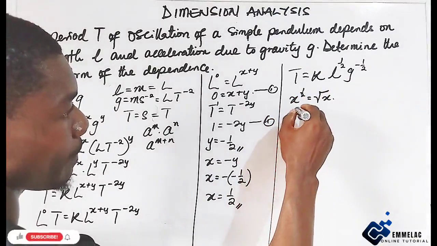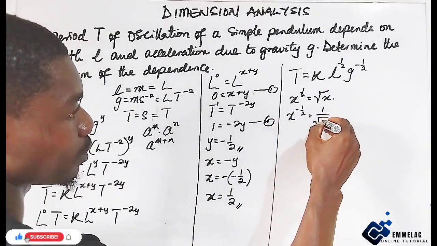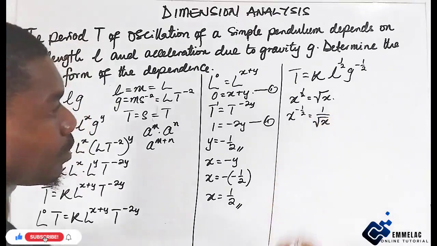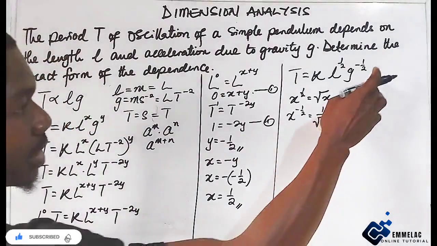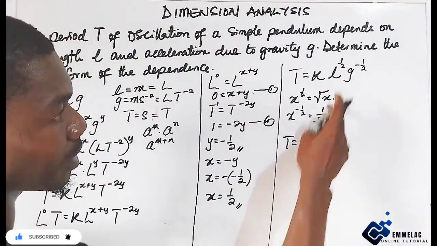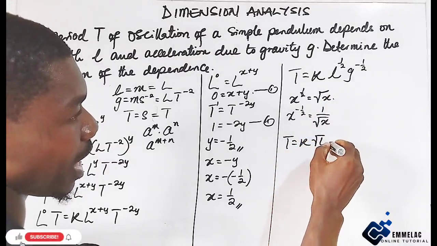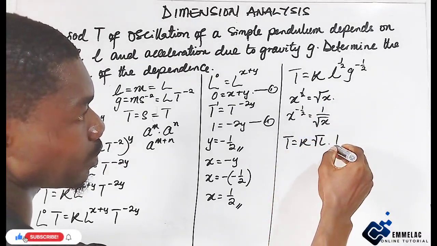And x raised to the power minus 1 over 2 implies 1 over the square root of x. Okay, if I were to apply this rule here now, we have that T equals what? k, then this is the square root of L, then times 1 over the square root of g.